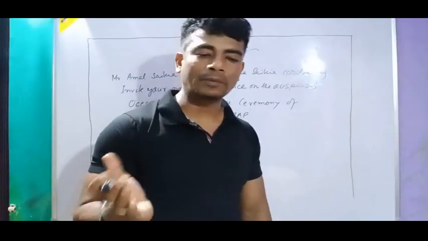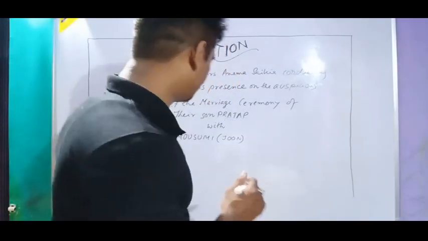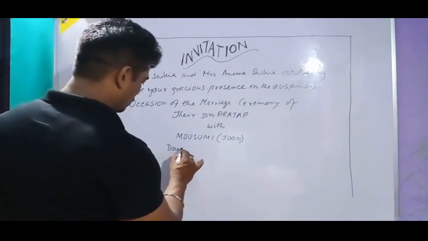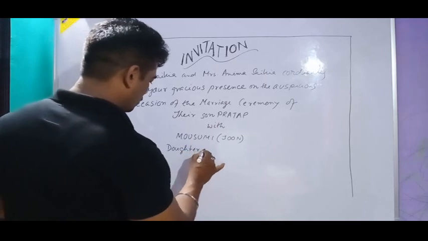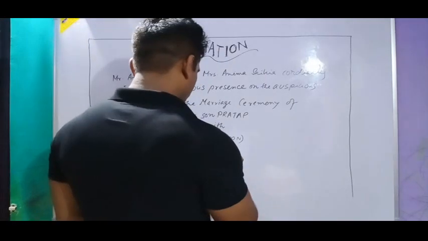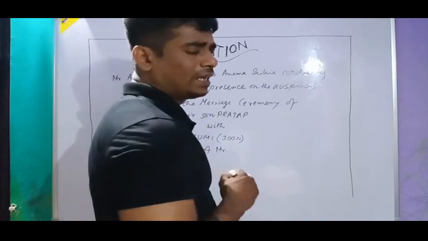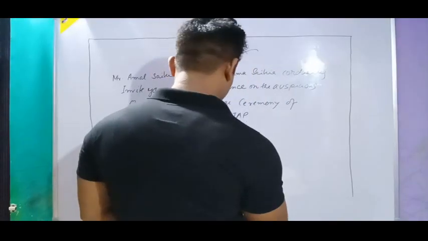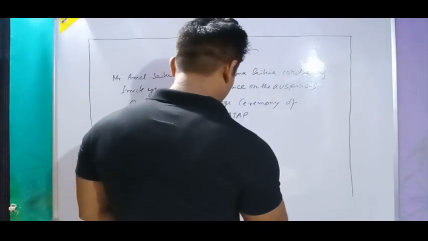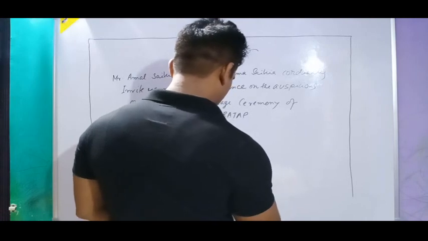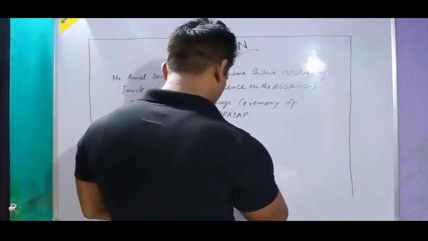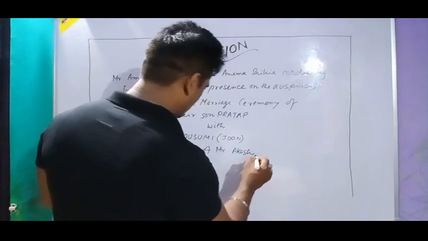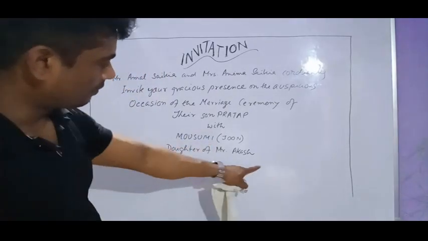Then I will write the name of the parents of the bride. Here you can start like this. Daughter of Mr. Any name you can give. Suppose Akash Phukan. See how much I am covering here.